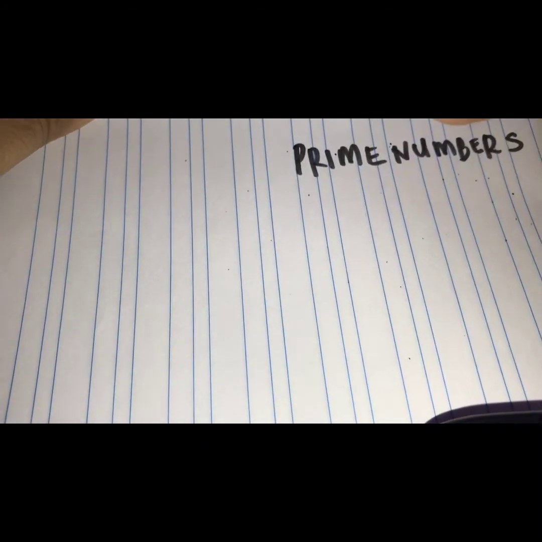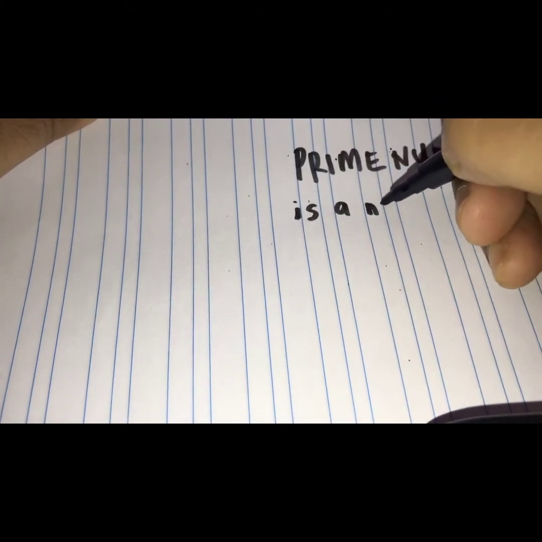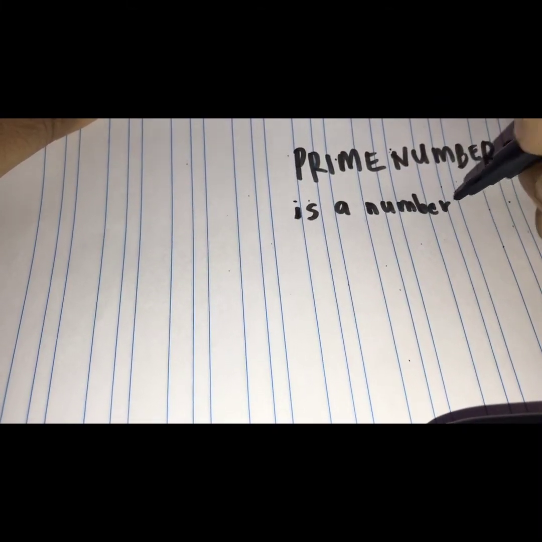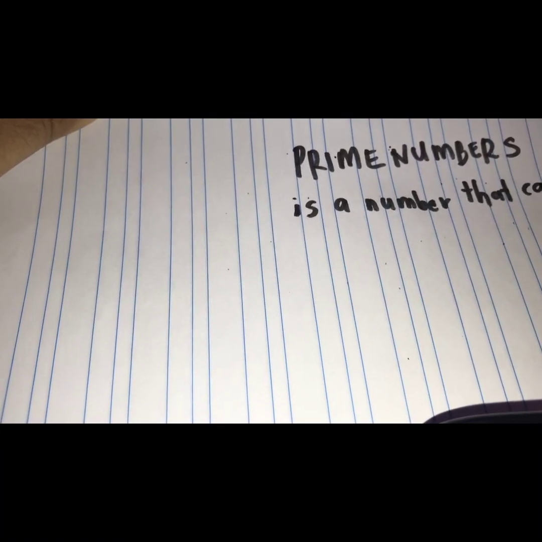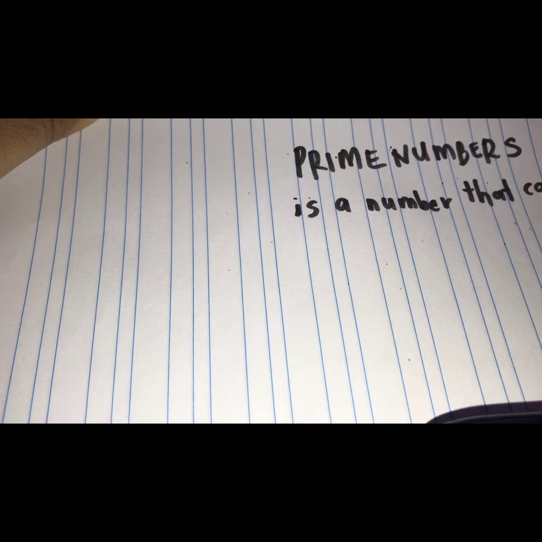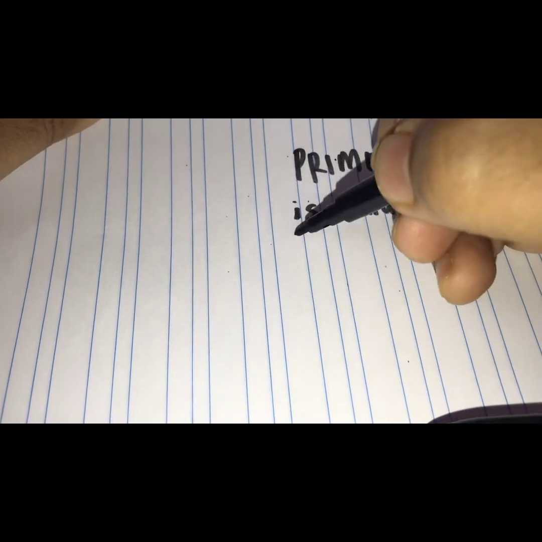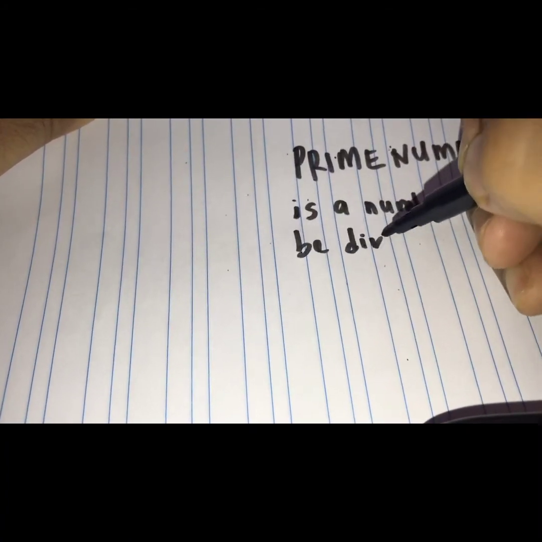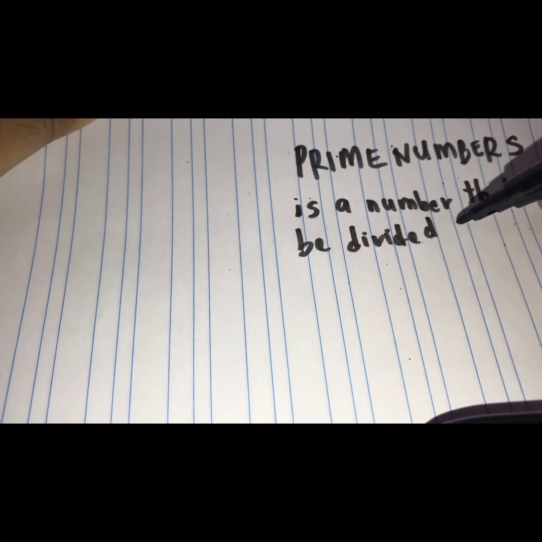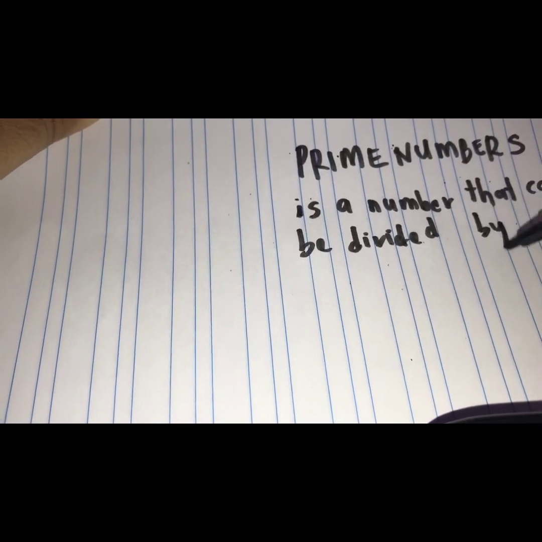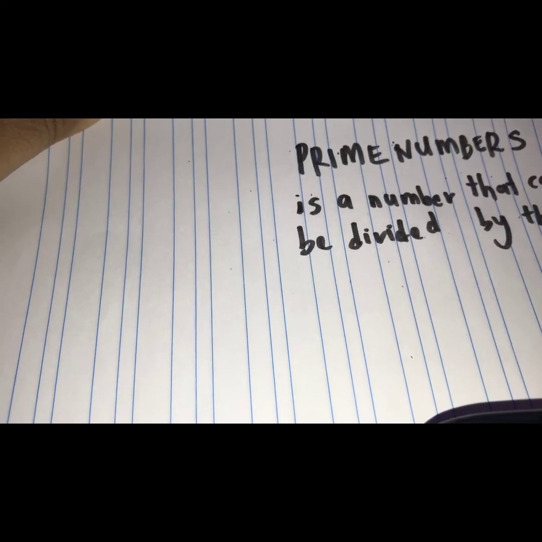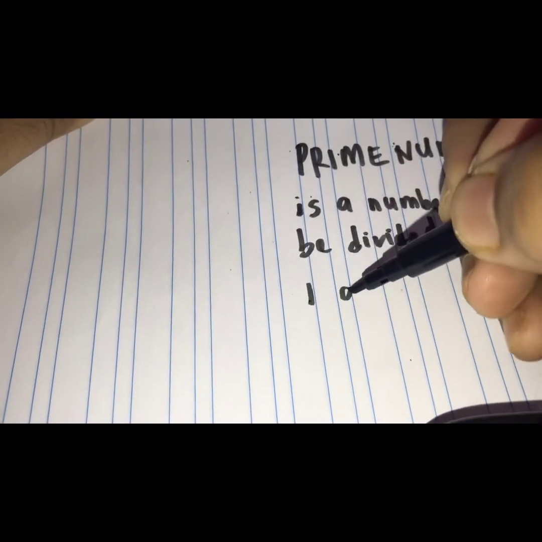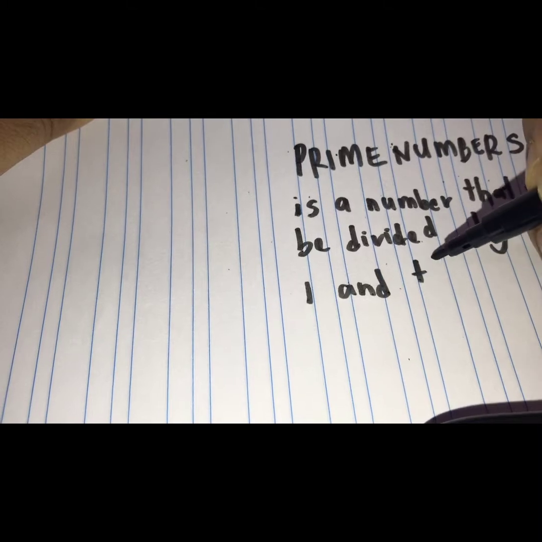Okay, prime numbers, okay, is a number that can only be divided by the number 1 and the number itself.